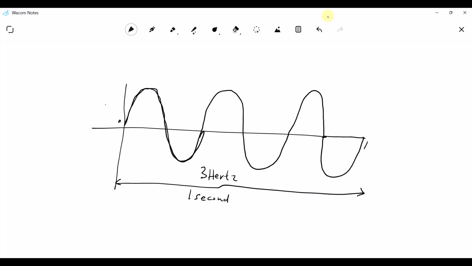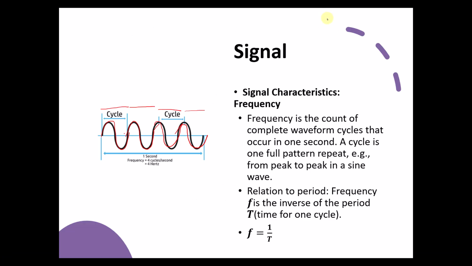This is 1 complete cycle, this another complete cycle, making it 2, and then this is another complete cycle, making it 3. So this signal made 3 complete cycles in 1 second. So that is the frequency of the signal.